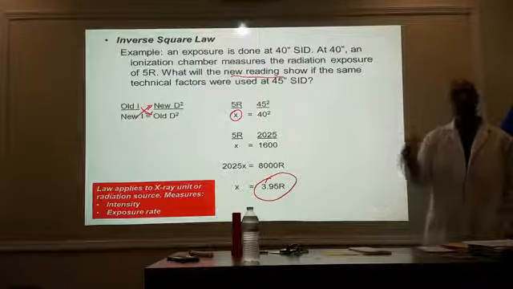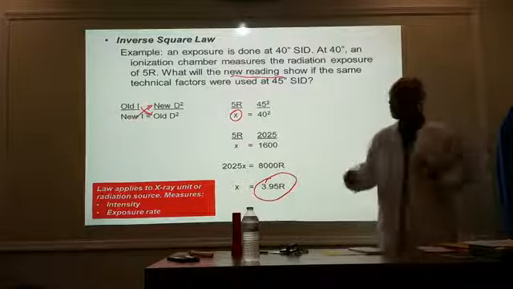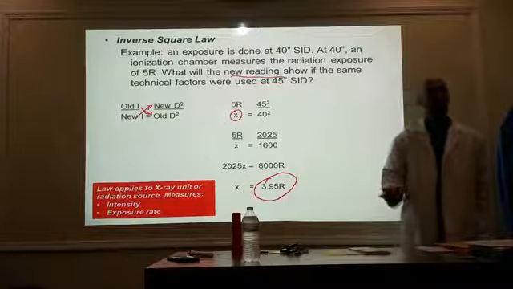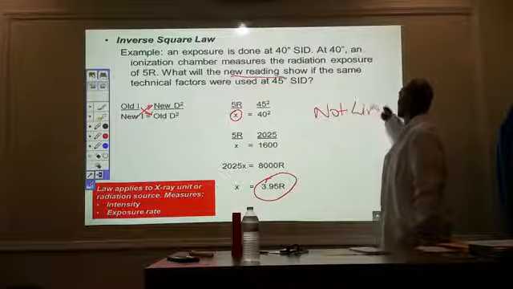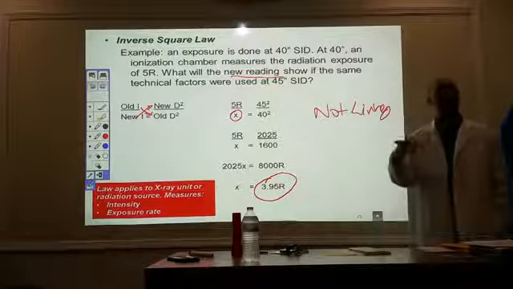Okay? What I do want you guys to tie this in with is when we're talking about the inverse square law, we are talking about things that are inanimate, something not living, because we're talking about the intensity or the exposure rate coming from a radiation source.